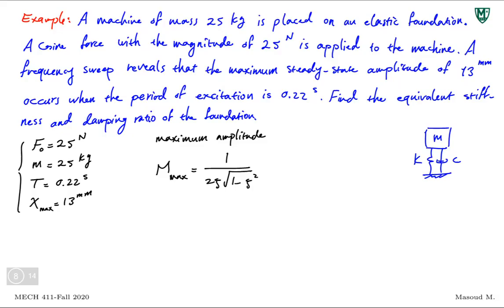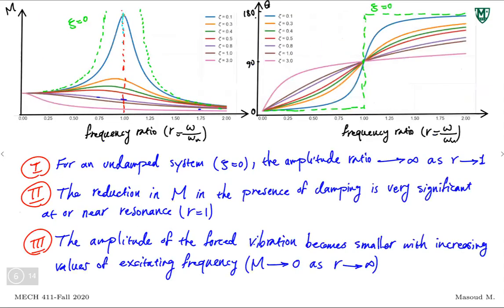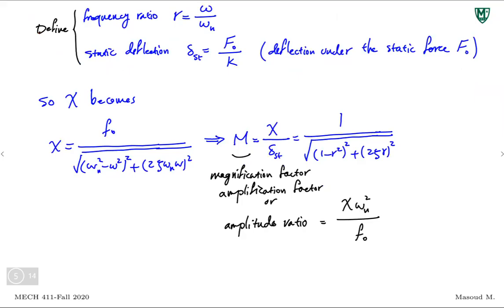And also I know that if I go back to our notes 2 or 3 slides ago, this M, which is the amplitude ratio or magnification factor or amplification factor, we said we can go with any of those names, is equal to X omega n squared over F naught.